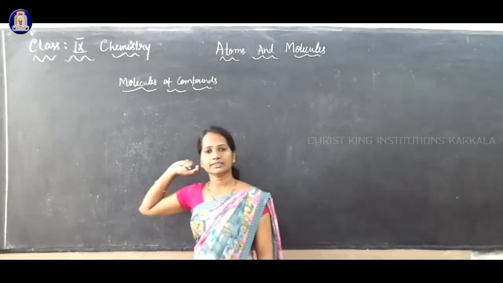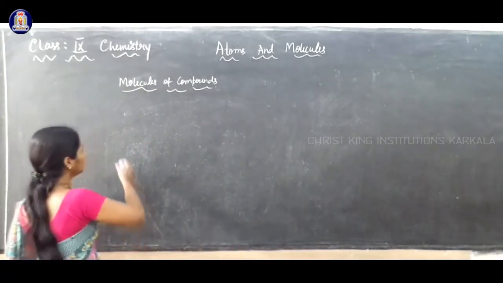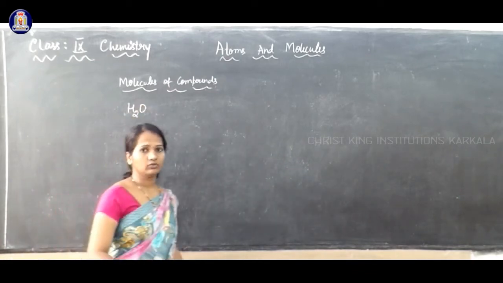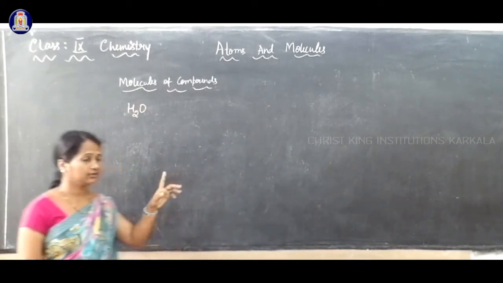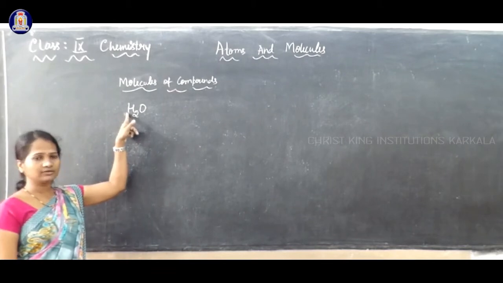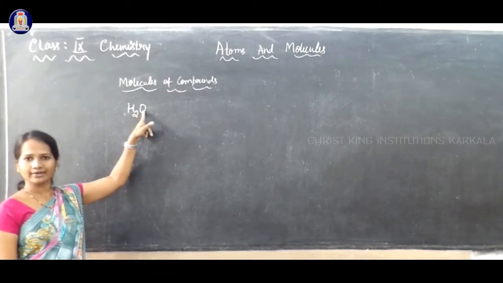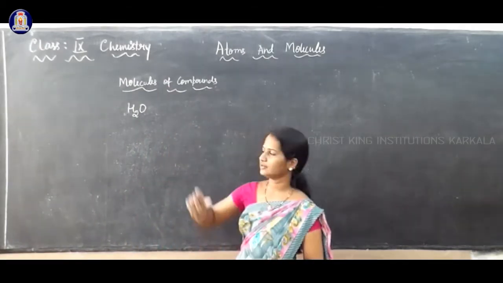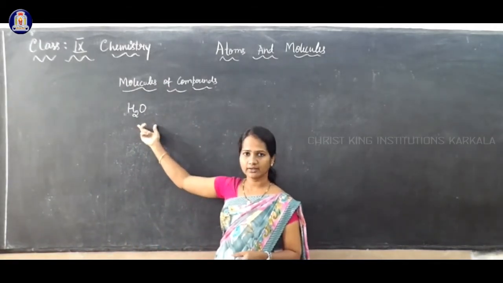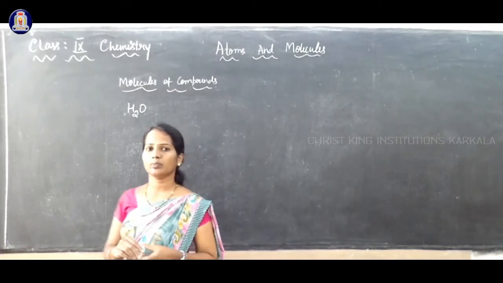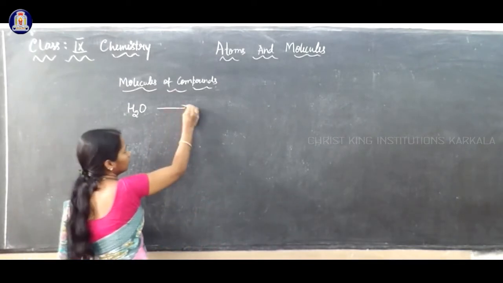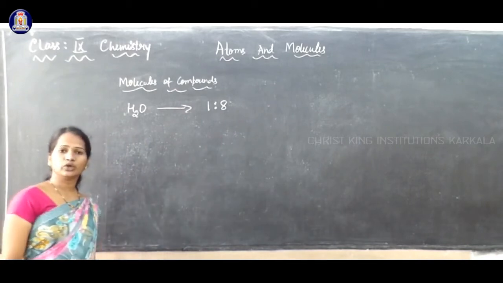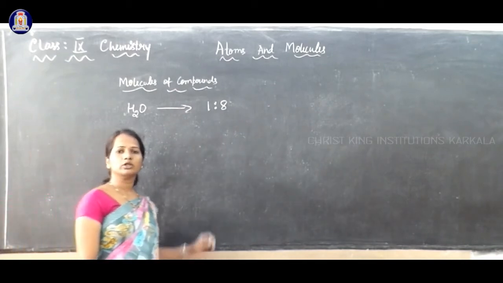If we take the example of water, water is a compound. One molecule of water contains 2 hydrogen atoms and 1 oxygen atom. 2 hydrogen atoms and 1 oxygen atom combined together with a constant proportion, in a ratio of 1:8, and we get 1 molecule of water.